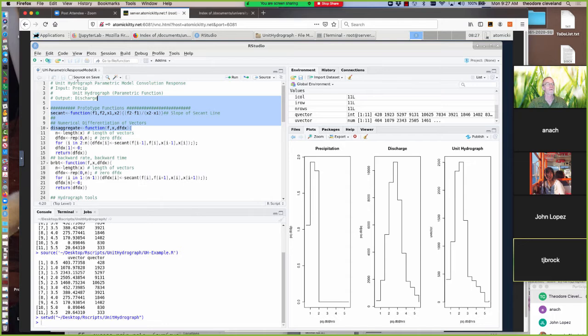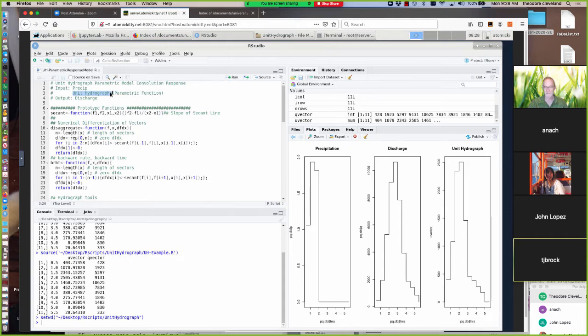Okay, so here we have parametric model convolution. It's taking as input precipitation, the kernel function, and the kernel function structure.